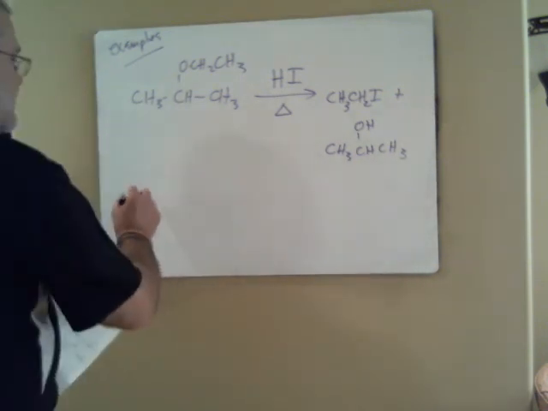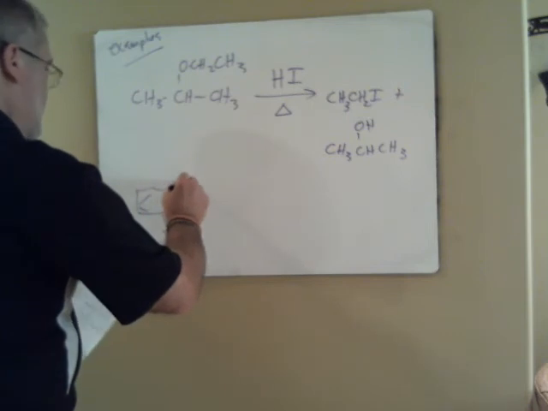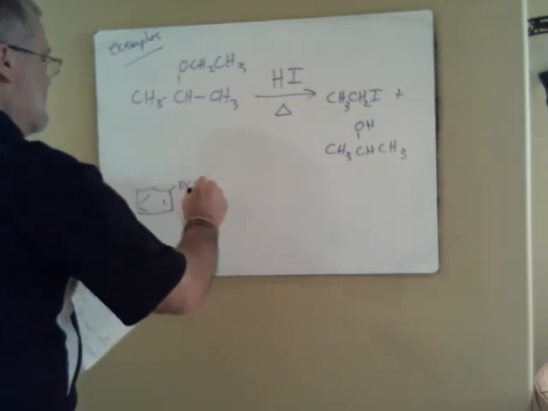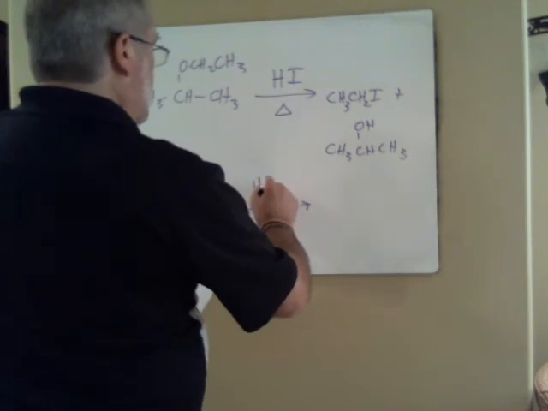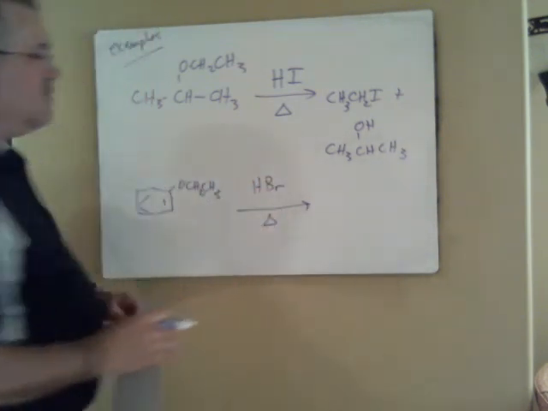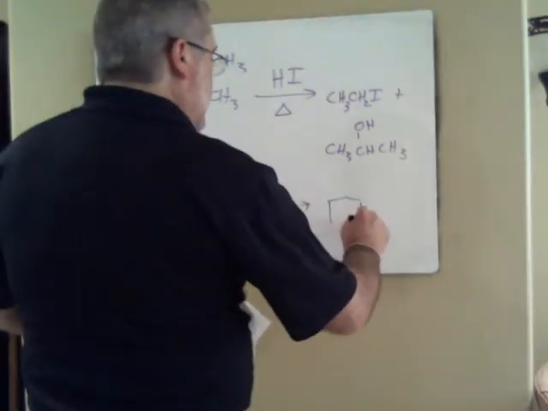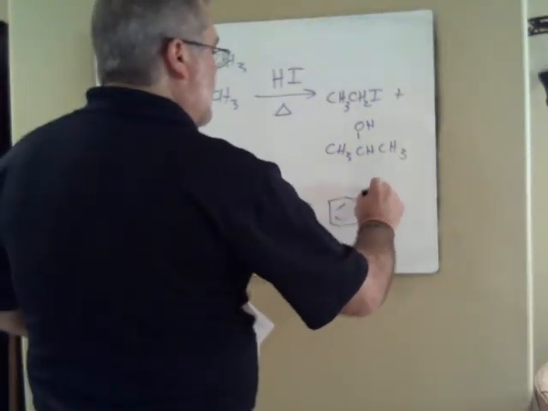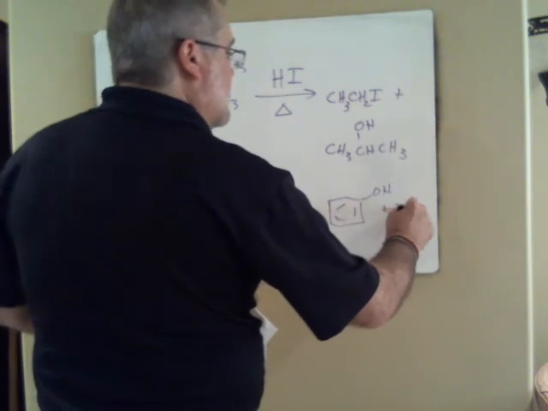Because watch this, I can take this phenolic ether and treat it, let's use HBr here, and heat, because we know HBr works also, and it's going to cleave to the alcohol plus the alkyl halide.